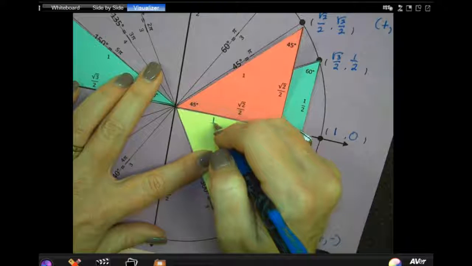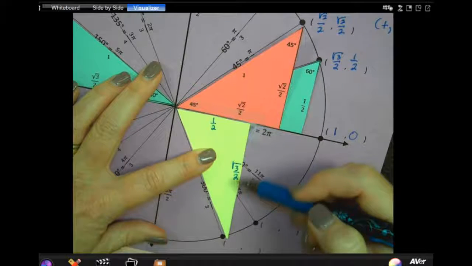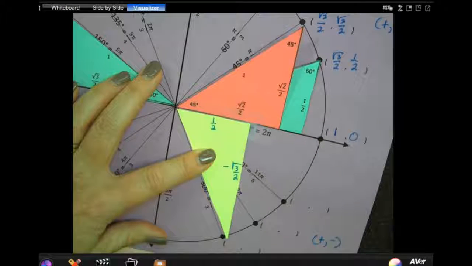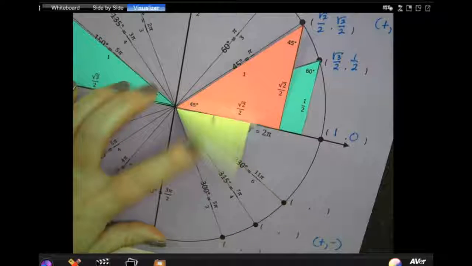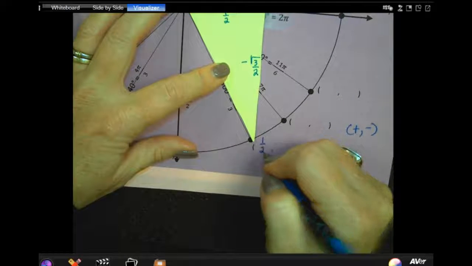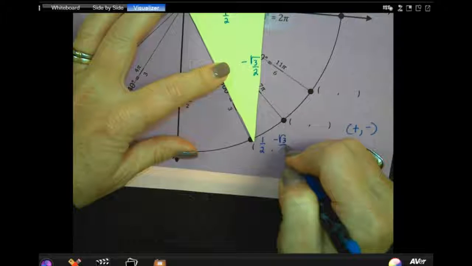This is 1/2. But what's true about the Y value? So this one is a negative square root of 3 over 2. Now, when I fill this in, the X is 1/2, and the Y is a negative square root of 3 over 2.